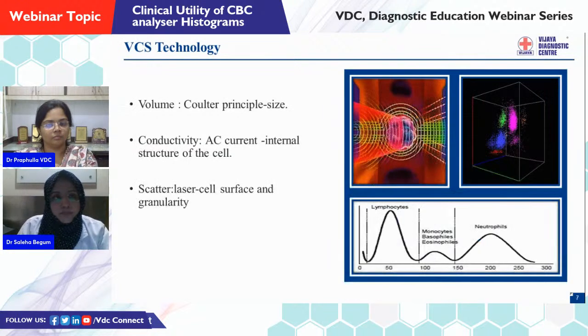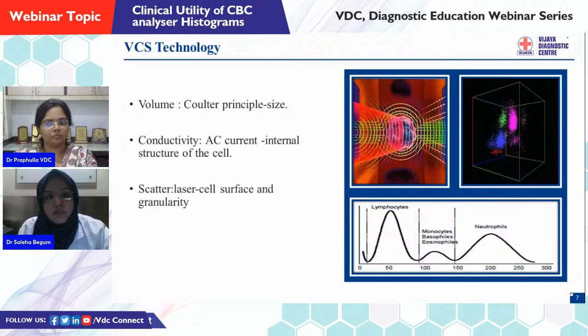Coming to VCS technology, the volume of the cell is determined again by using the Coulter principle. Conductivity technology gives us information about the internal structure of the cell by passing alternating current in the radio frequency range. Scatter utilizes the principle of flow cytometry, where cells are passed in a single line that intersects the laser beam, and light gets scattered.